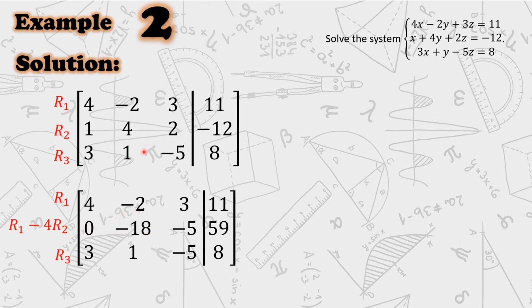Next element, we have negative 2 minus 4 times 4. So we have negative 2 minus 16, negative 18. Next element, we have 3 minus 4 times 2. So we have 3 minus 8, that is negative 5. For the second row element in the constant matrix, we have 11 minus 4 times negative 12, that is 48. So we have 11 minus negative 48, 59.